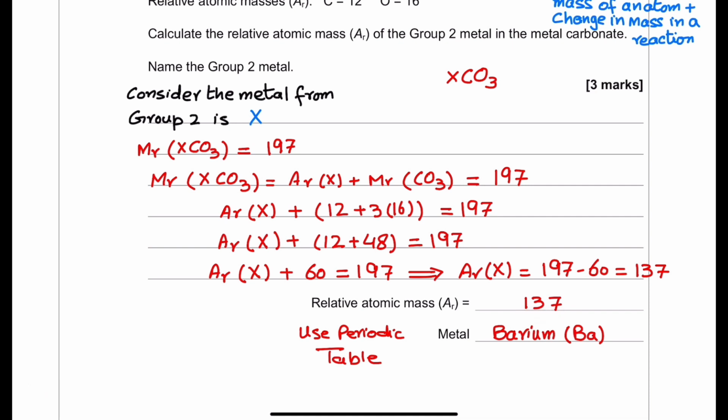So the unknown metal in the carbonate, which is our X carbonate, the unknown metal X is barium, and its relative atomic mass is 137. So these are the steps which can help the students to find the unknown metal.